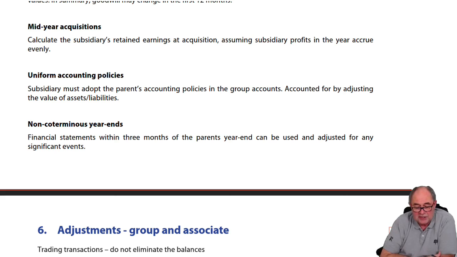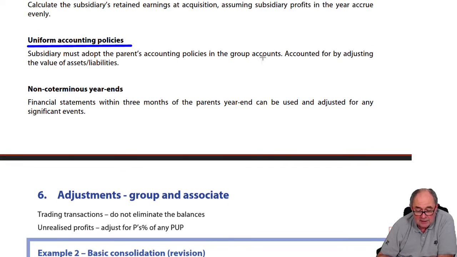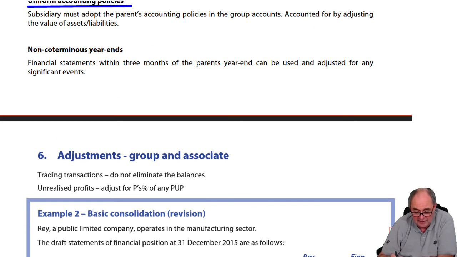Other points down there, the next two are very common sense. Well, if it's a mid-year acquisition, then you would have to time apportion. It doesn't really cause big problems in this exam. All the subsidiaries must use the parent's accounting policies. Fine. But the last one is important, I think.